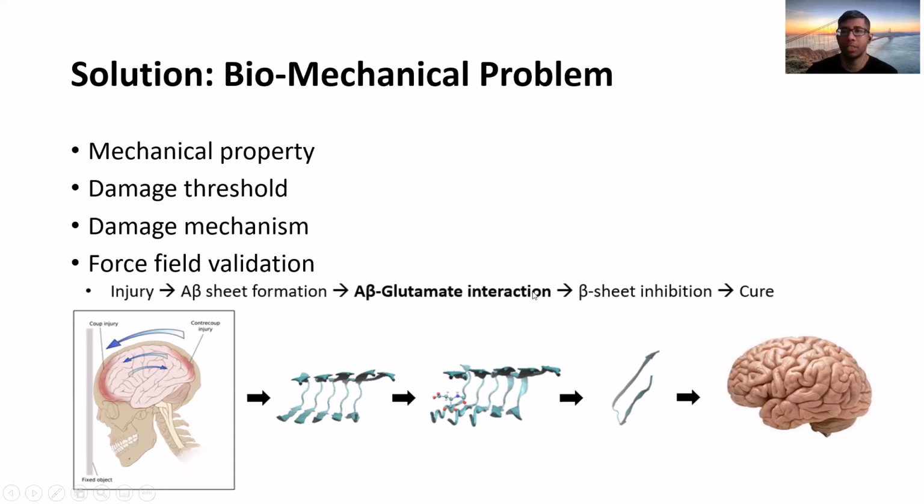But let's say hypothetically we have seen that nothing happens. The amyloid beta sheets are more stable when they're interacting with this G protein glutamate. So our preliminary hypothesis was wrong.